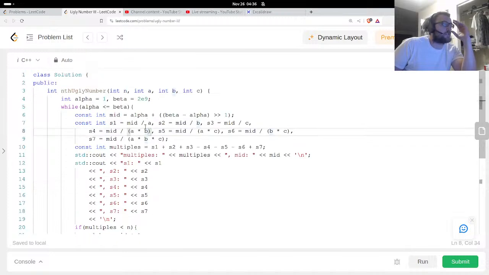Okay. These values are not A times B. I think it's the LCM of A and B. LCM times GCD is equal to A times B. LCM of A, B and GCD of A, B, multiply them, you get A times B. If you divide A times B by the GCD, you get the LCM.